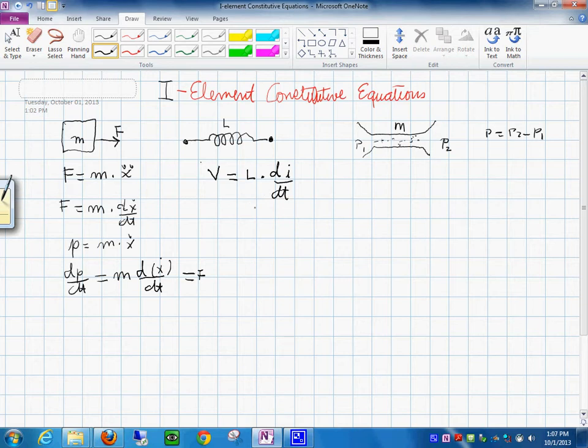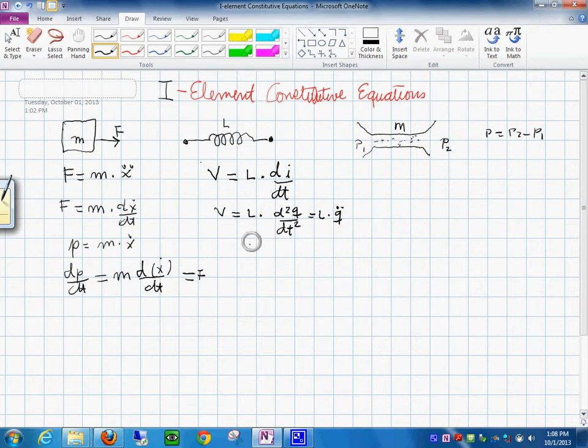We know this, and you can also write that the voltage is, this is a second order derivative, equal to L times d square q dt square, or L times q double dot. See, similar to this form.